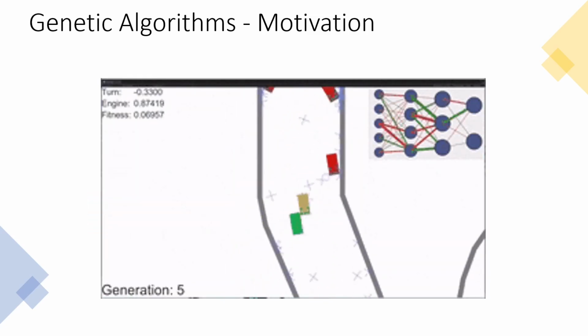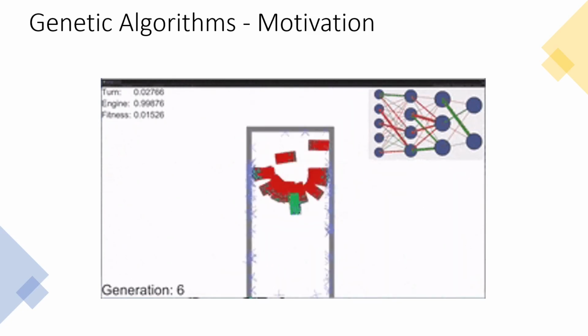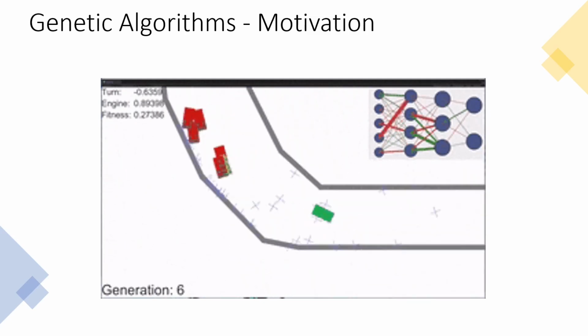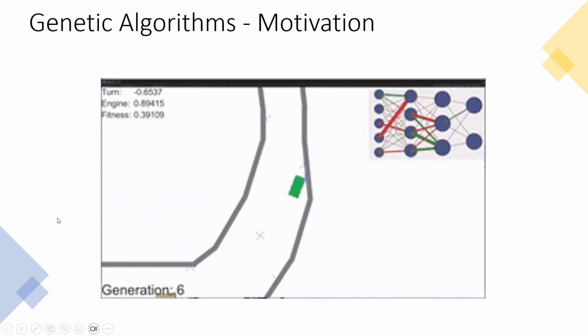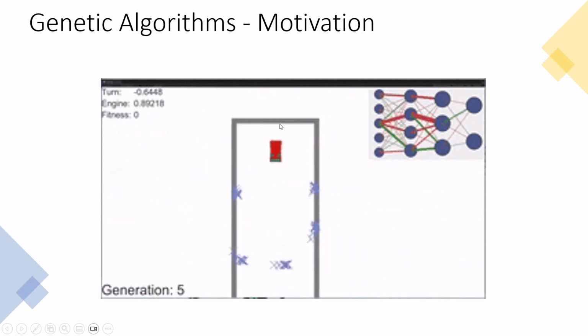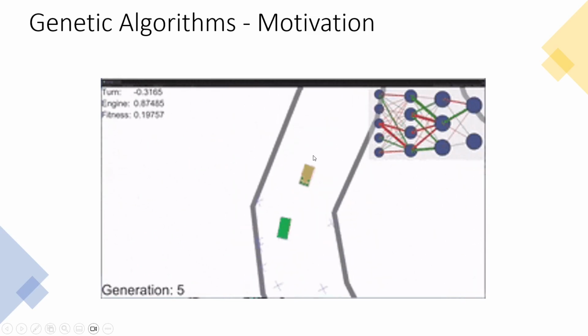That's another good example for genetic algorithms. We are trying to create bots that can drive. You see, this is the initial population. Most of them crashed. These are the survivors.